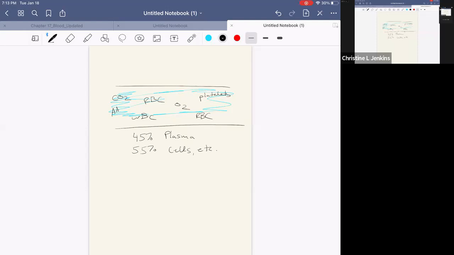So based on this, compared to say Kool-Aid, would the blood have a relatively high osmolarity or a low osmolarity? It's pretty high. Osmolarity is the concentration of the solute. What are the solutes in blood?